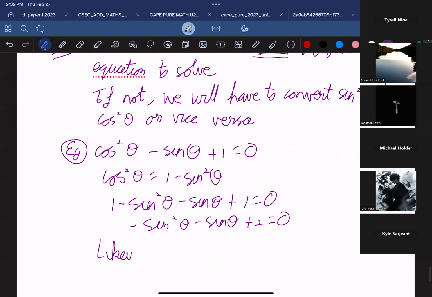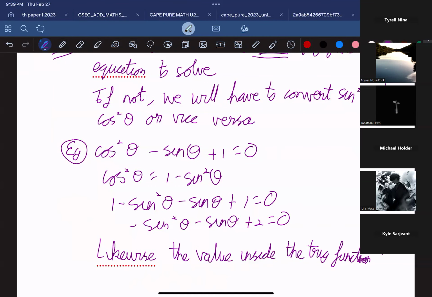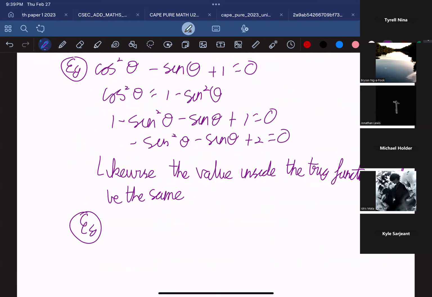Likewise, the value inside the trig function must be the same. So for example, if I have cos 2x minus cos squared x equal to 0, you have to convert.